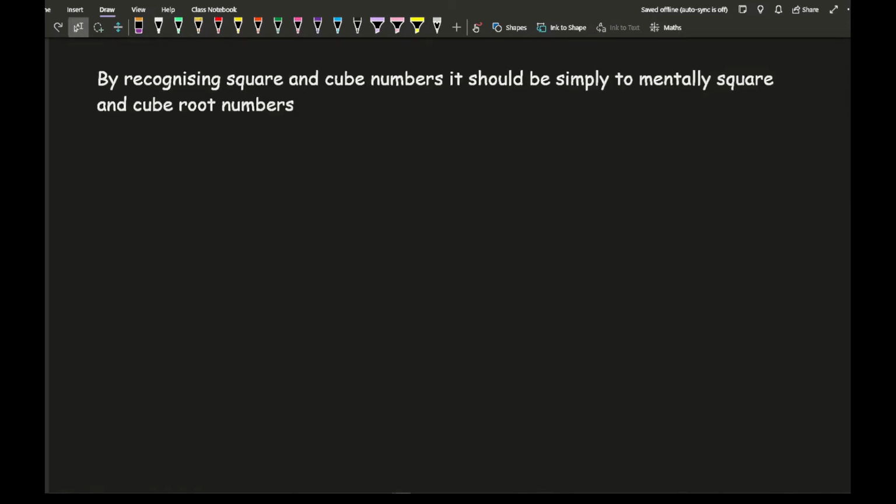Now by recognizing square and cube numbers, it should be simple to mentally square root and cube root numbers. So for example, if I write down my square numbers again, 1 squared, 2 squared, 3 squared, 4 squared, 5, 6, 7, 8, let me quickly write them all out.